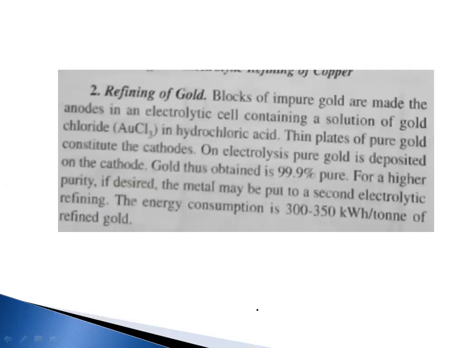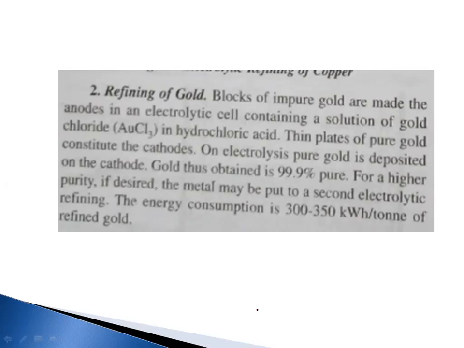Now refining gold, very precious metal, we know. Blocks of impure gold are made the anodes in an electrolytic cell containing a solution of gold chloride, AuCl3, in hydrochloric acid. Thin plates of pure gold constitute the cathodes.